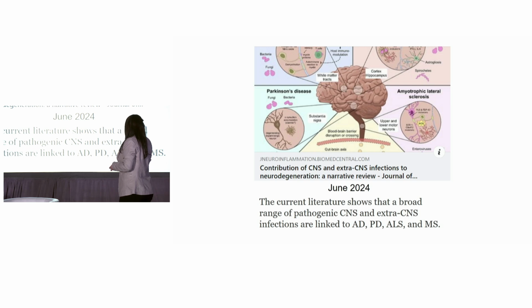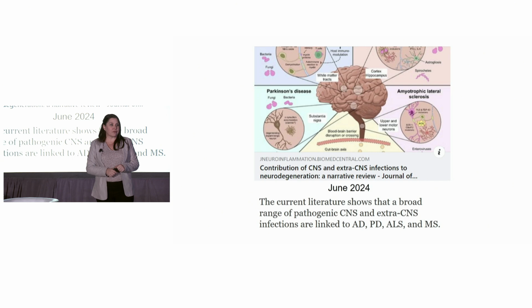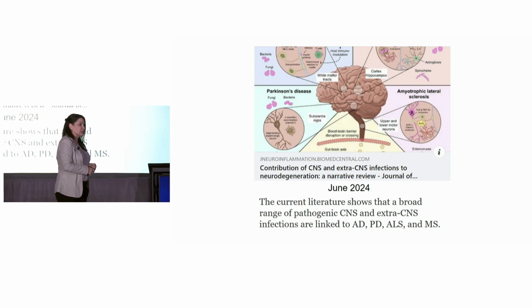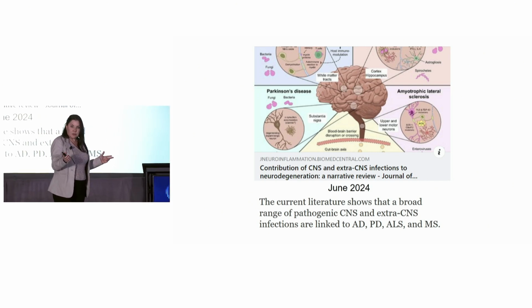Okay, 2024 article. Prior to this article, there was very little consensus in the field of neurology or in the Academy of Neurology about the role of infections in neurodegenerative diseases, and that made things tough. Right?